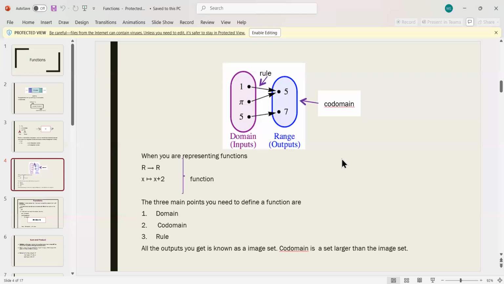Now, if I tell you the image set is the closed interval 1 to 5, can you suggest a codomain for that? Yes or no? My image set is the closed interval 1 to 5. Can you suggest a codomain?